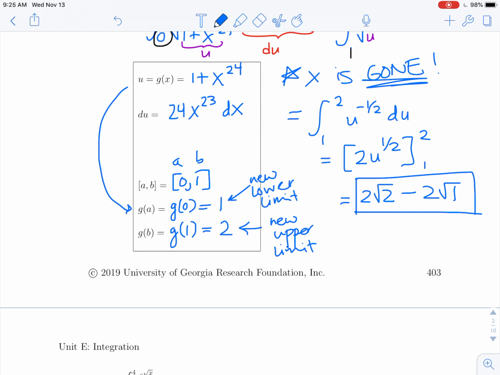And so to me, changing your limits of integration is a better strategy because I think it's easier to make sure you get it right in the end. But you have options and you should choose the option that works best for you. You should also spend some time after watching this video to think about which one of these strategies you like better.